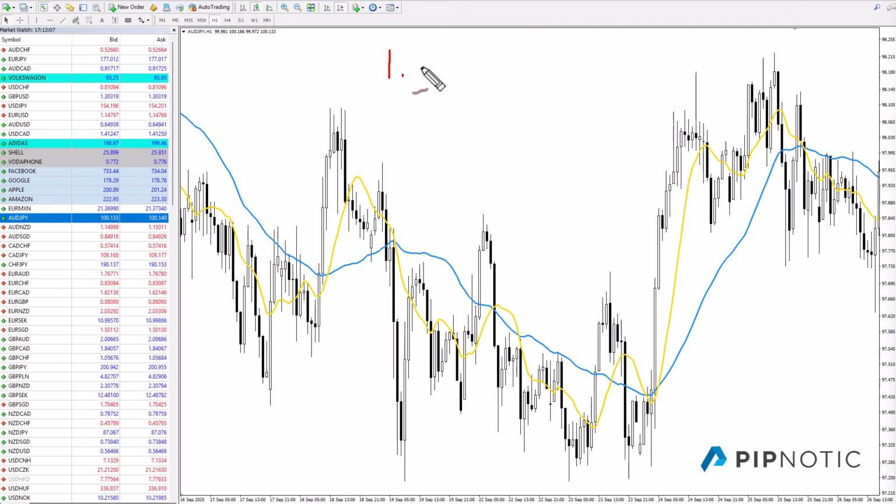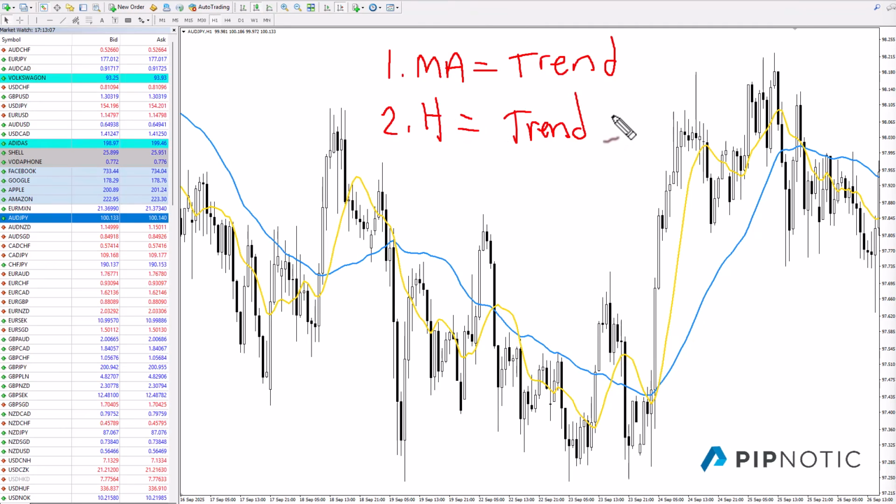So we have our trend, which we're going to use the moving average for. This is the trend. Okay, and now we have another one, which is Hurst exponent, and this is telling us if we have trending behavior or mean reverting behavior. Okay, this is really good. And so you want to see either one or the other.